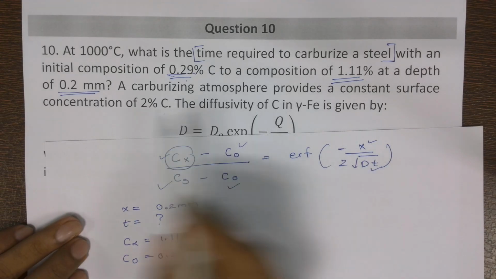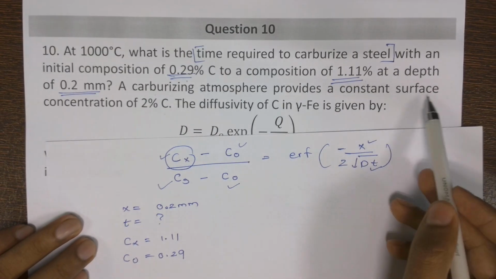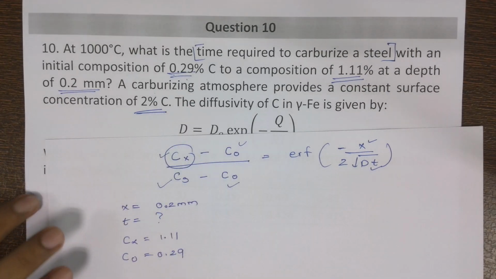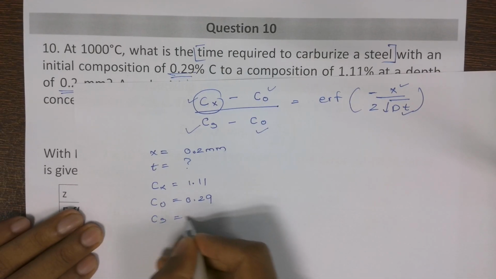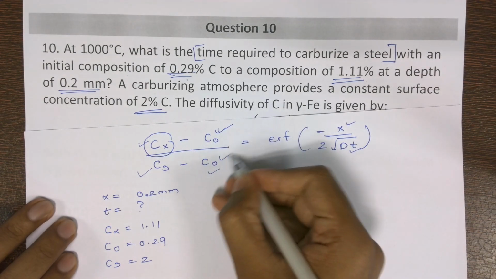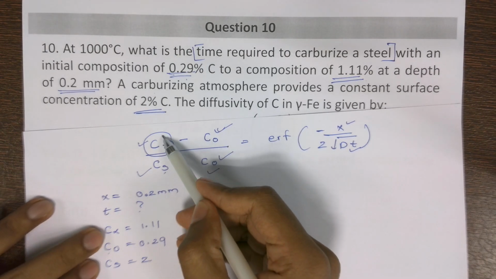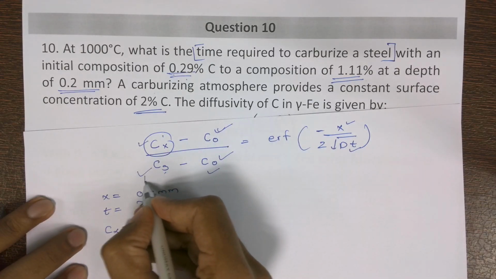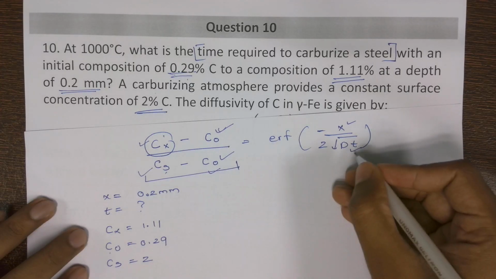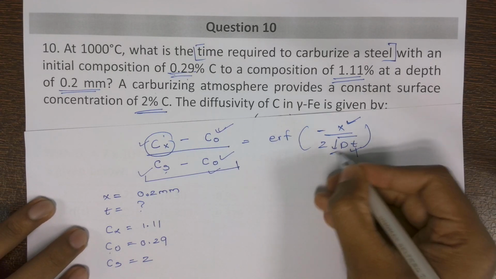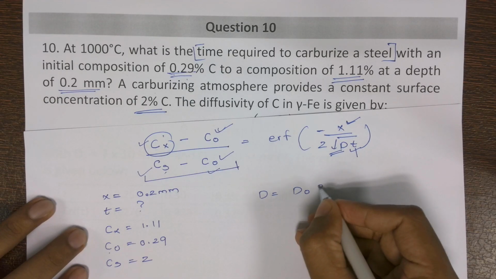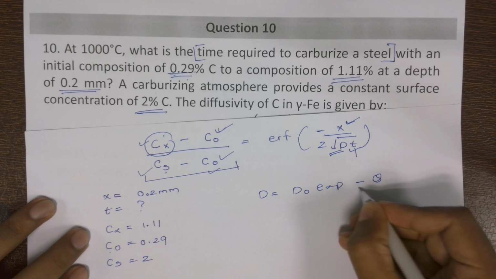A carburizing atmosphere provides a constant surface concentration, so Cs is given to us, that is 2. We know C naught, Cs and Cx, so on the left-hand side we already know all the factors. On the right-hand side we need to find the time. We know x, so D is also required, and D is given by D equals D naught exponential of minus Q over RT.